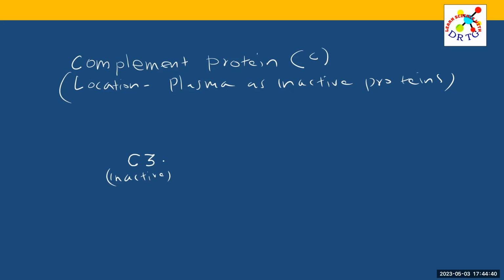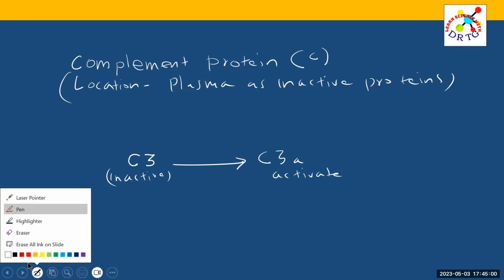Before we come to how it can get activated, we can write like this. In such a situation, it can activate. A is for activate, by enzyme.